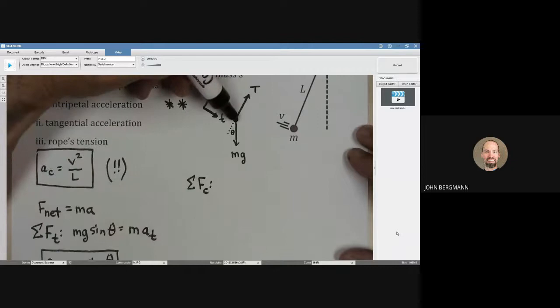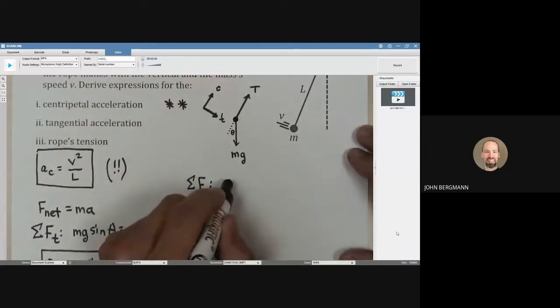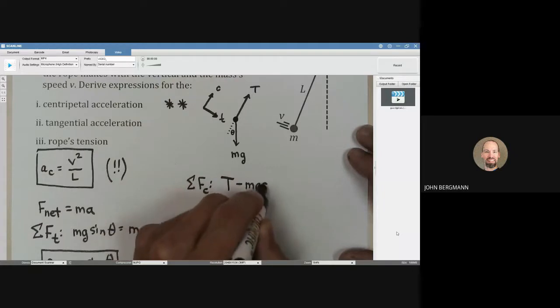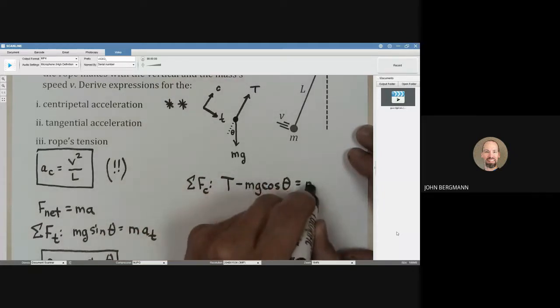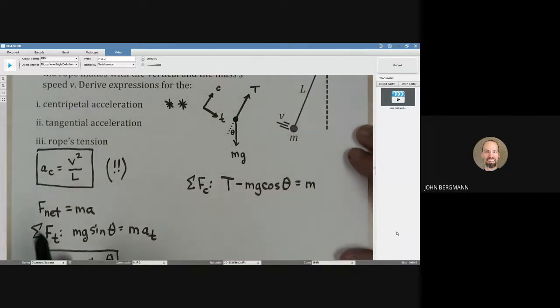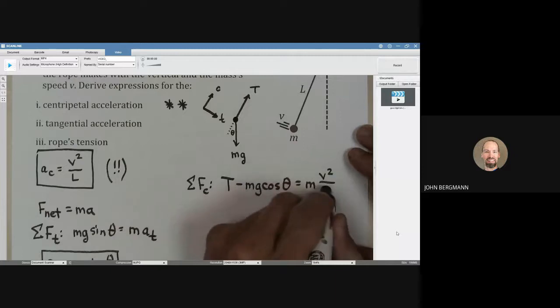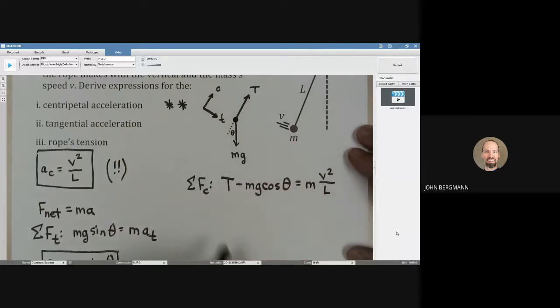This mass is accelerating towards the center. Therefore, the tension has to be greater than mg cosine theta, and that has to equal the mass of the object times the centripetal acceleration, which we already said was v squared over L. So I think the tension is going to be, if I factor out an m, m times (v squared over L plus g cosine theta).